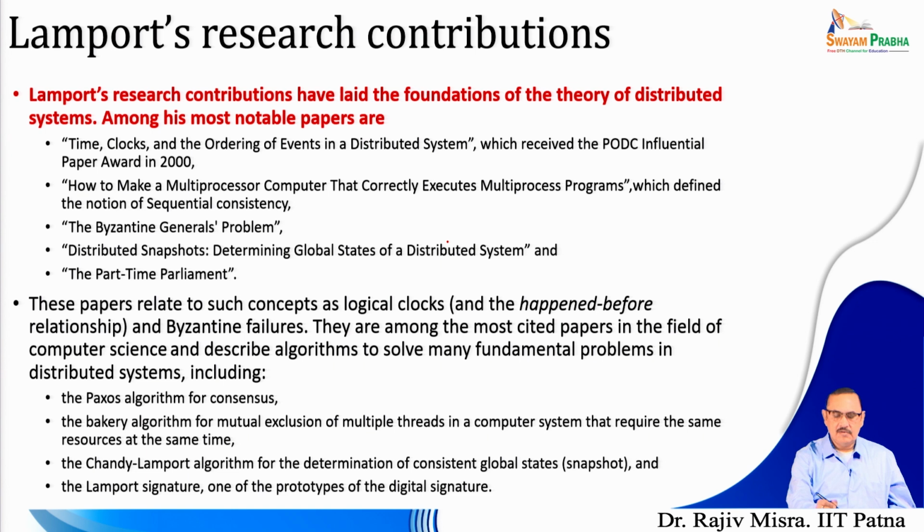If we highlight some of his important contributions, through these fundamental theories, it laid the foundation of distributed systems, and therefore these distributed system principles are used in building cloud computing and edge computing.